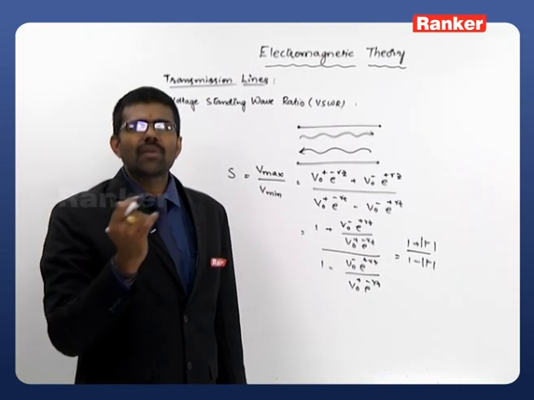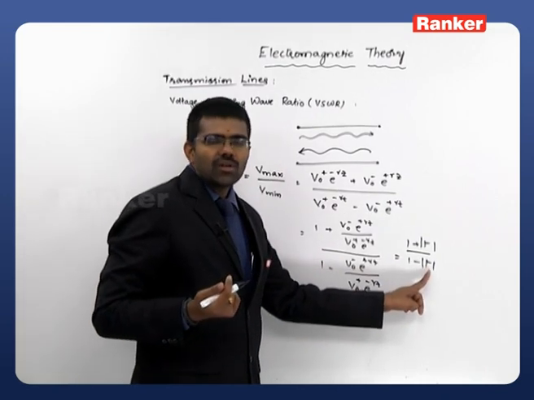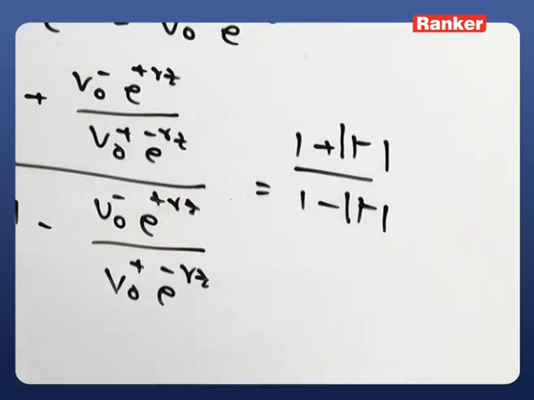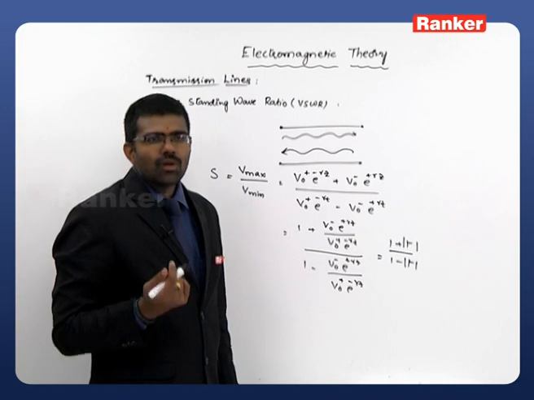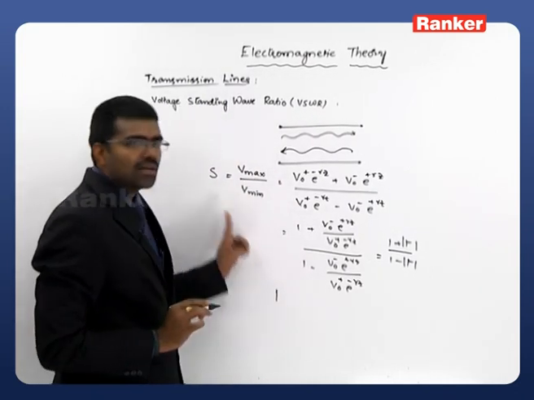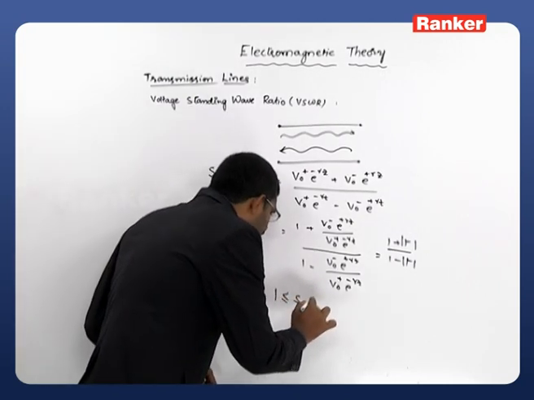Now what are the minimum and maximum values for S? By substituting the minimum and maximum values of gamma, you can observe that. What is the minimum value of gamma? 0. So 1 plus 0 divided by 1 minus 0, what you will get is 1. So 1 is the minimum value for S, so S is greater than or equal to 1.